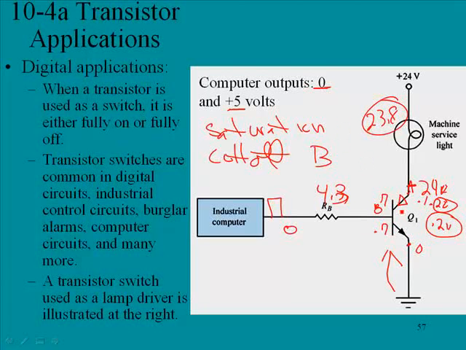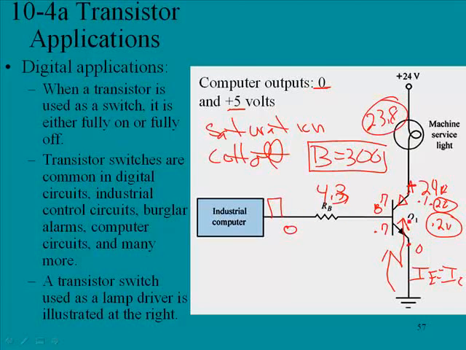And remember that beta varies greatly, and beta could be, I'll just throw a number here, it could be 300. So that would mean that the collector current would be 300 times greater than the base current. Remember that we said that when current flows through the emitter, for practical purposes, we say that IE equals IC because such a tiny amount of that actually goes through the base.